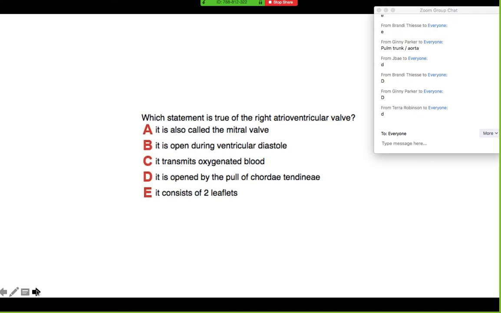Okay, so which statement is true of the right AV valve?